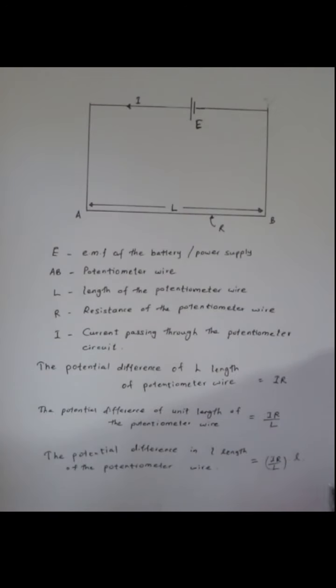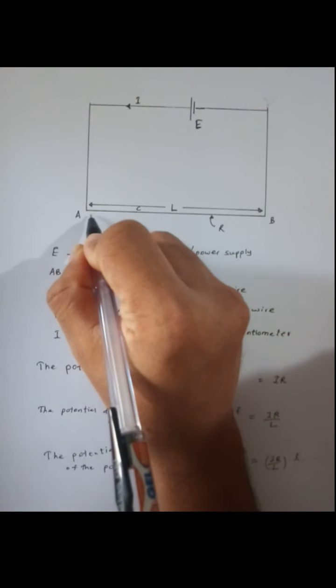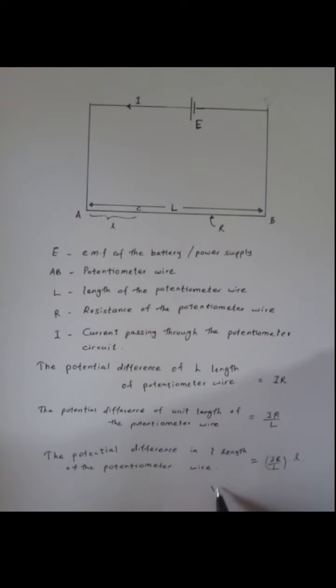So if I consider a point C here, let's say that length is simple L, I can write the potential difference between A and C equals IR over L times simple L. And we can see here the current in the potentiometer circuit is constant, the total resistance of the potentiometer wire is constant, and the total length of the potentiometer wire is constant.